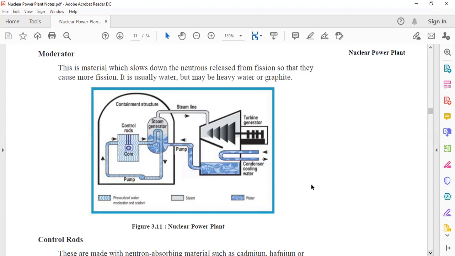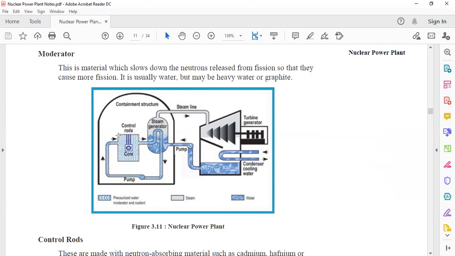This is the pictorial view of a nuclear power plant, in which this is the containment structure of the reactor, where we can see that with the help of nuclear fuel, the energy is produced in this chamber, the nuclear reactor.